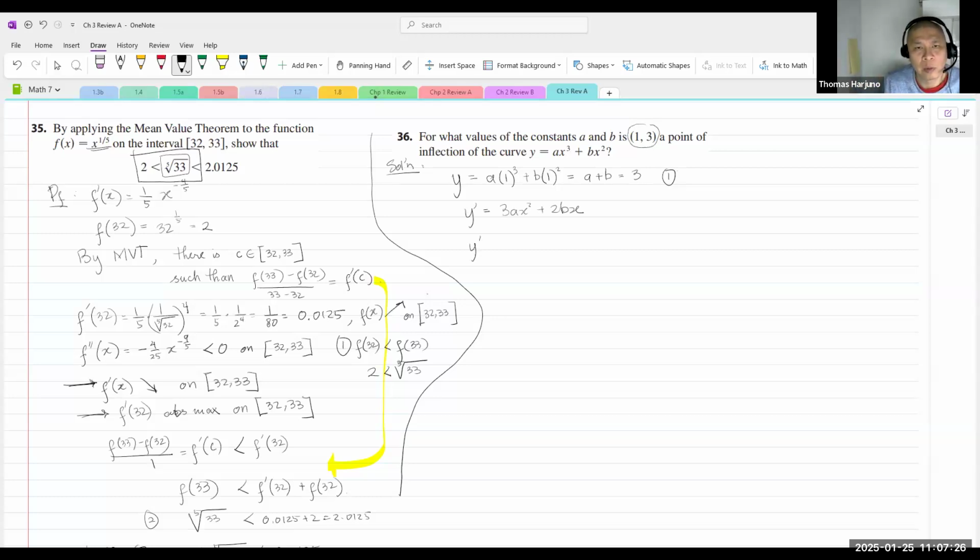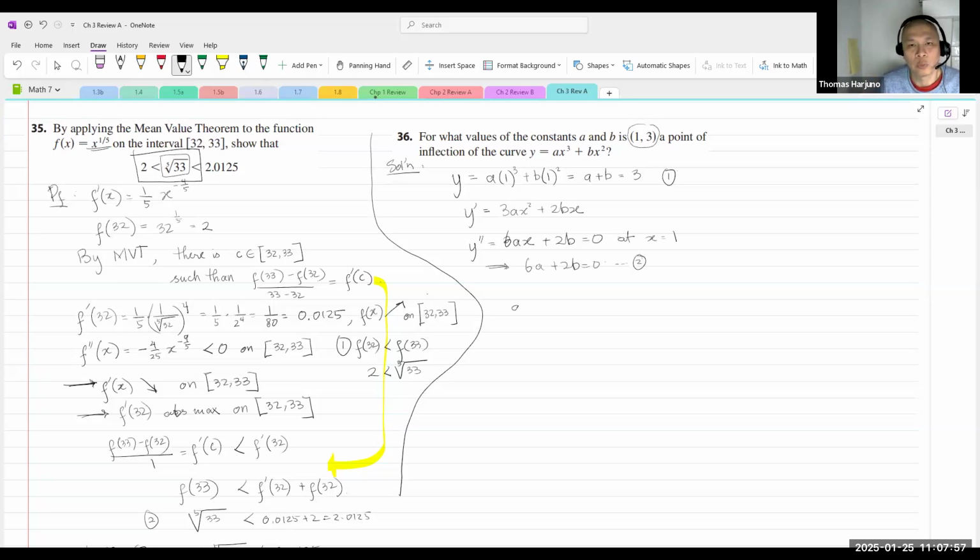So y double prime equals 6a x plus 2b equals 0, at x equals 1. So in other words, we get 6a plus 2b equals 0. Now that's our second equation.